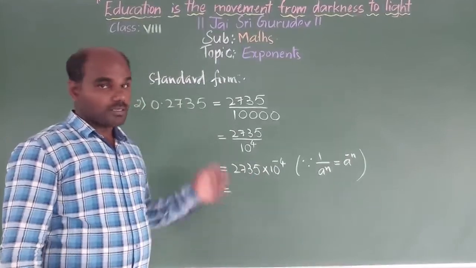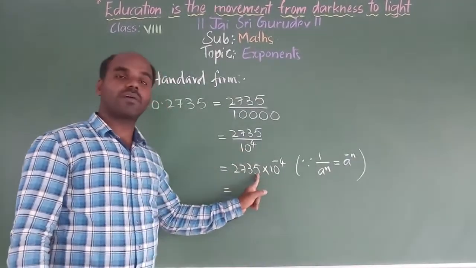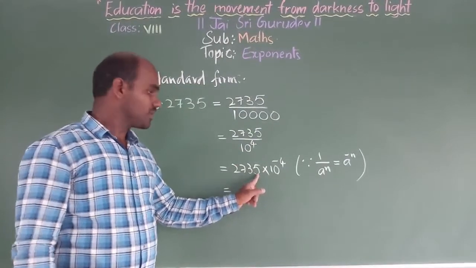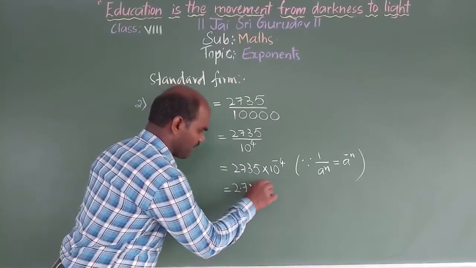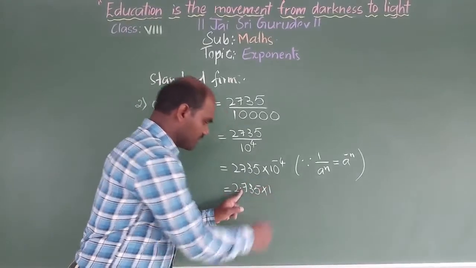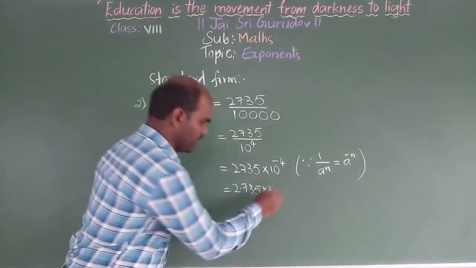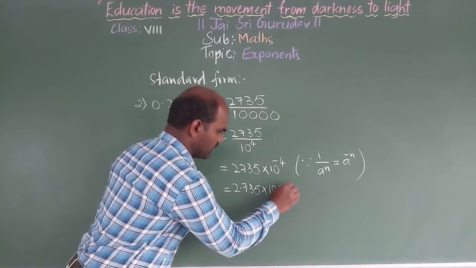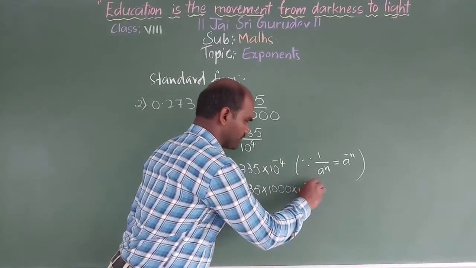So 34 lakhs is written the same as 2735 is there, yes or no, children? So 2.735, into, the point is after 1, then how many decimals are there, children? 1, 2, 3, into 10 power minus 4.